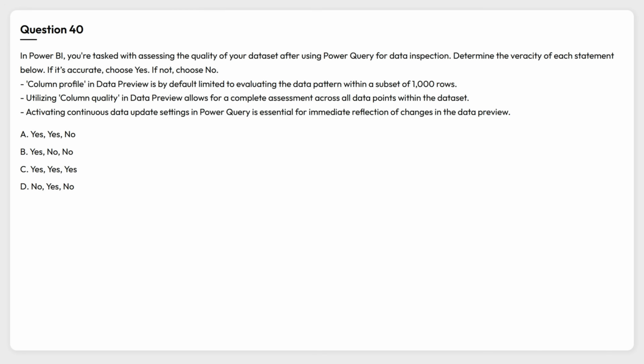If not, choose no. Column profile in Data Preview is by default limited to evaluating the data pattern within a subset of 1000 rows. Utilizing column quality in Data Preview allows for a complete assessment across all data points within the dataset. Activating continuous data update settings in Power Query is essential for immediate reflection of changes in the data preview.